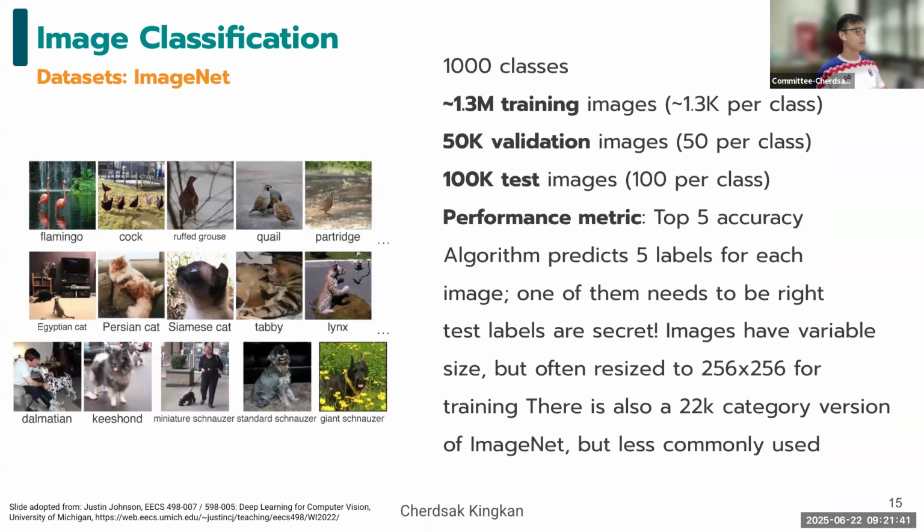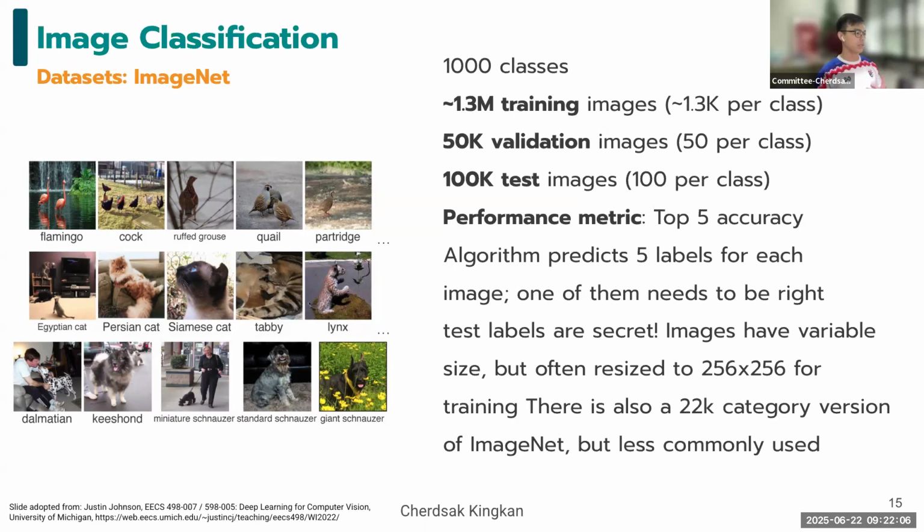And the one that has made the most contributions to the machine learning and deep learning community is ImageNet, right? It has over 1,000 classes and over 1.3 million training images, split into training, validation, and testing.